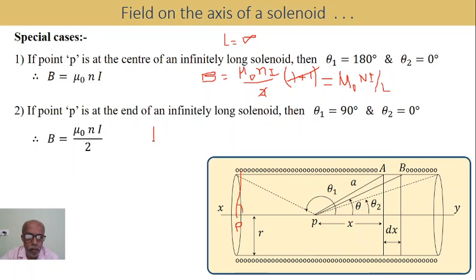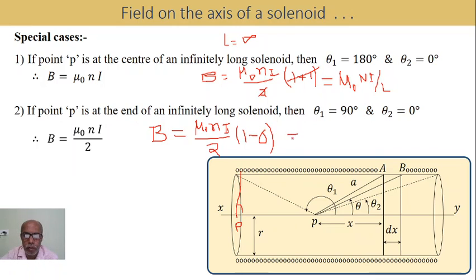Therefore B equals mu naught n I by 2 into cos theta 2, that is cos 0, which is 1, minus cos theta 1, which is cos 90, that is 0.